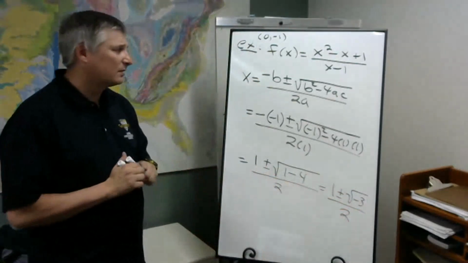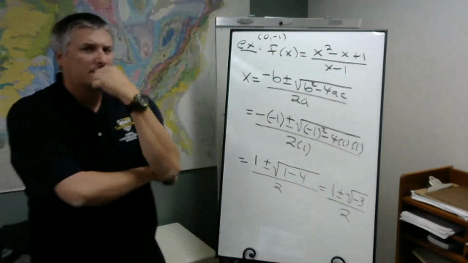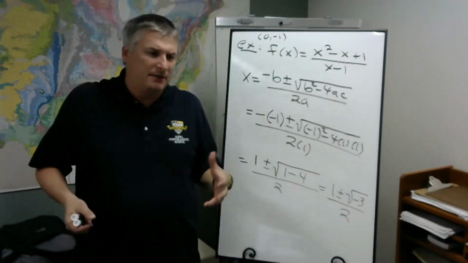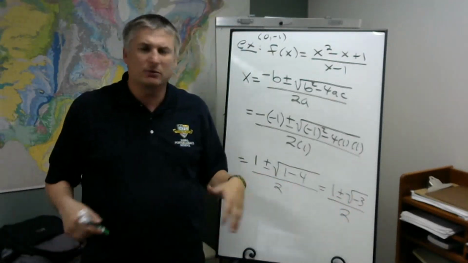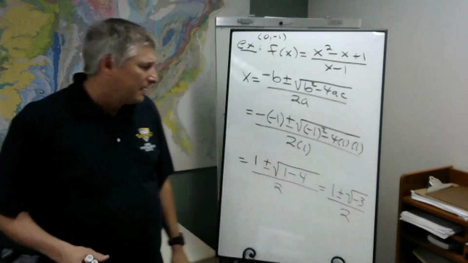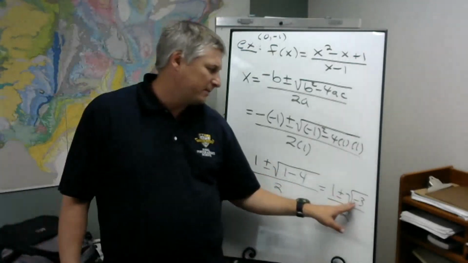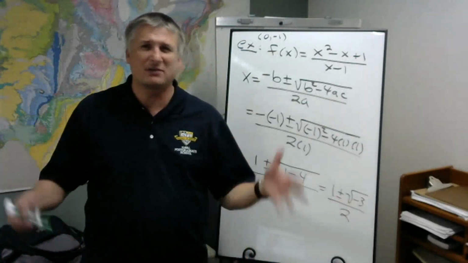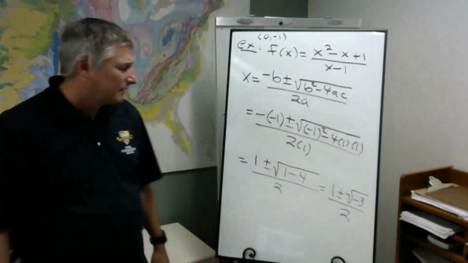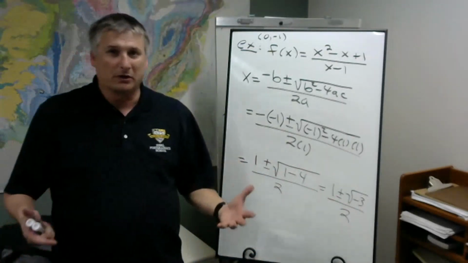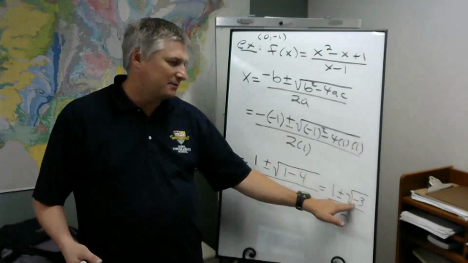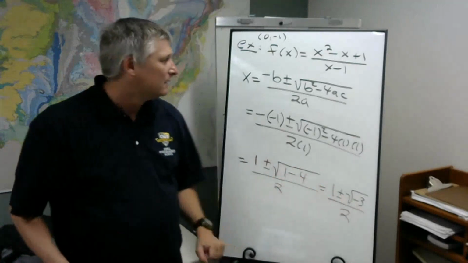over 2. Now, these functions, we're graphing them on the xy plane. Now, on the xy plane, we're only dealing with real numbers. And we've got the square root of negative 3. So this means we're going to be getting an imaginary or complex number. And that just isn't going to work. So when we get something like this, this tells us we got to stop.